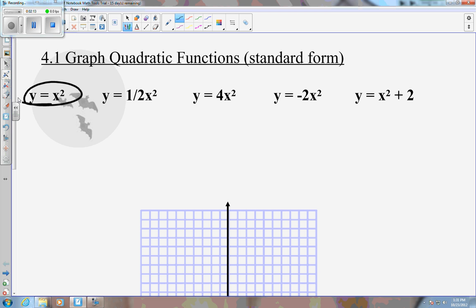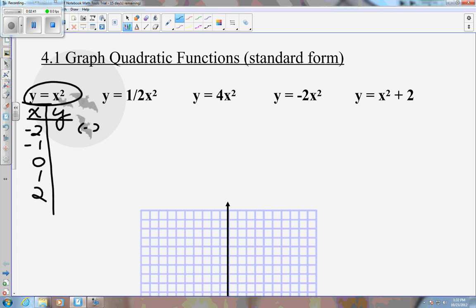It's okay, though. Okay, so we're going to make a T-table. I have y equals x squared. X on one side, y on the other. I'm going to choose 5 x values. I'm going to go minus 2, minus 1, 0, 1, and 2. Okay, so I'm going to substitute negative 2 in for x squared.